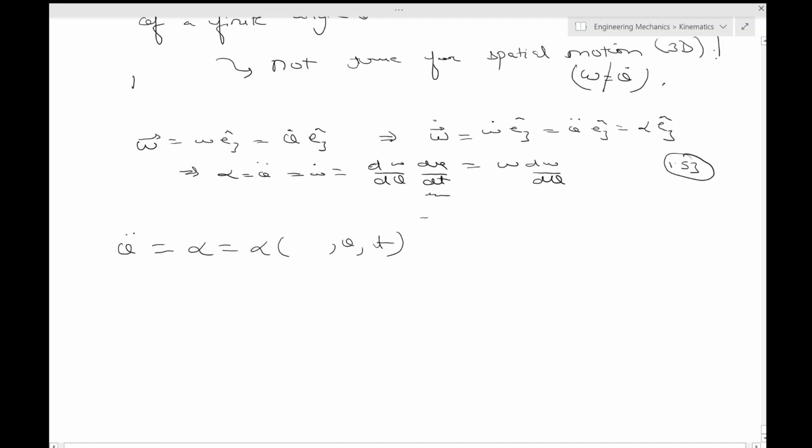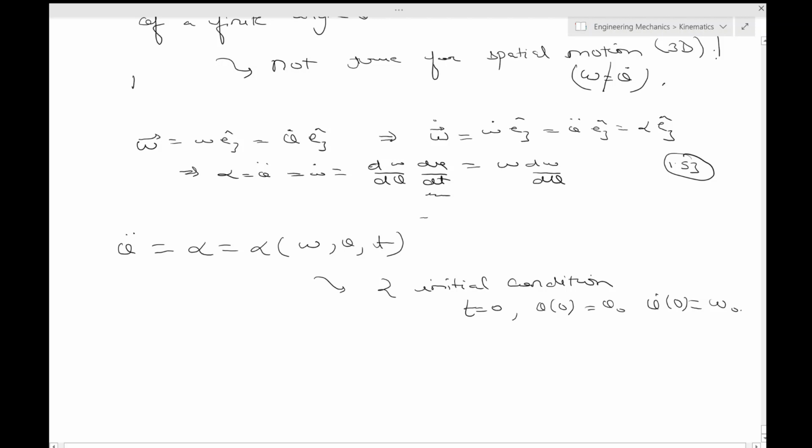Then you can do these integrations. You will require two initial conditions, just like last time, or one at the beginning, one at the end, whatever works. So two initial conditions: at t equal to 0, theta is equal to theta naught, and theta dot is equal to omega naught.